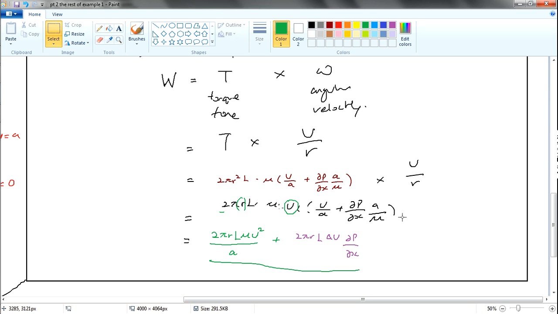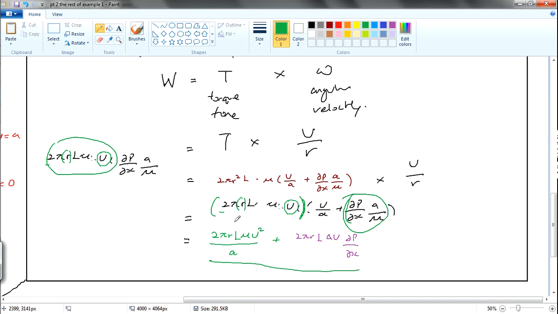And U itself. So maybe I should rewrite. When I multiply in this portion over here into here, this is what I have. This portion is this portion over here, and then this is simply this.